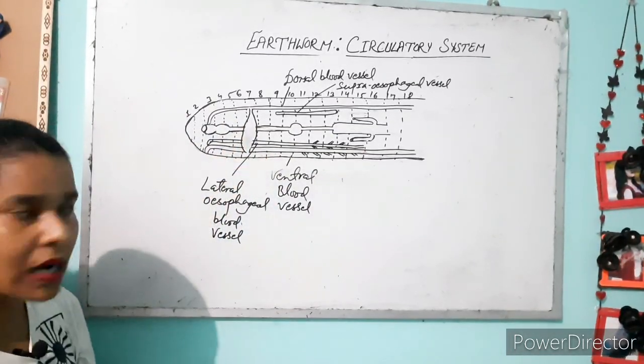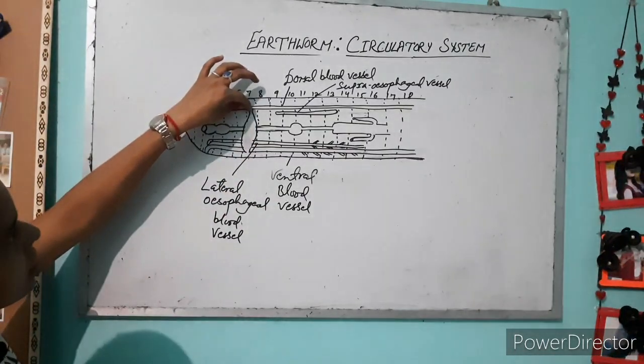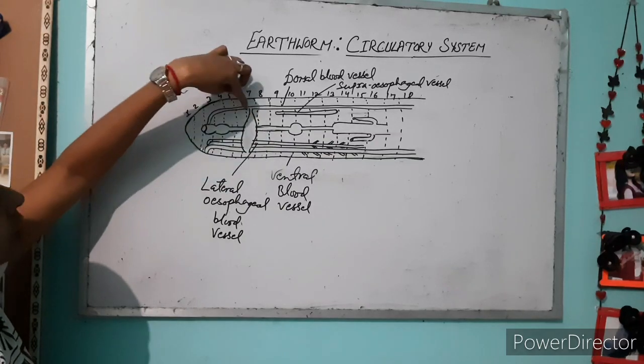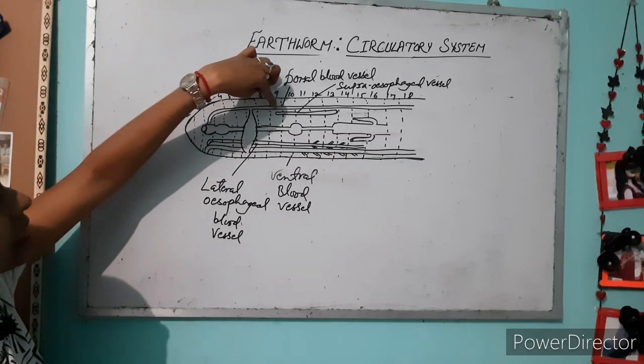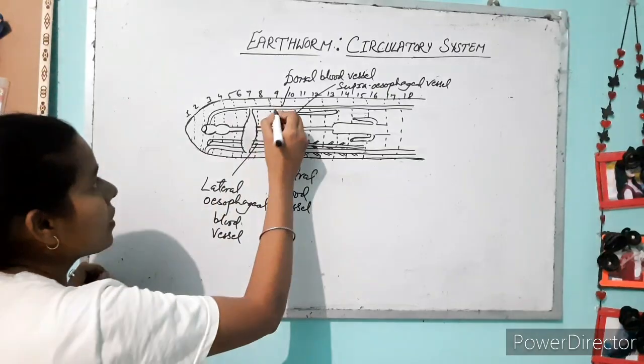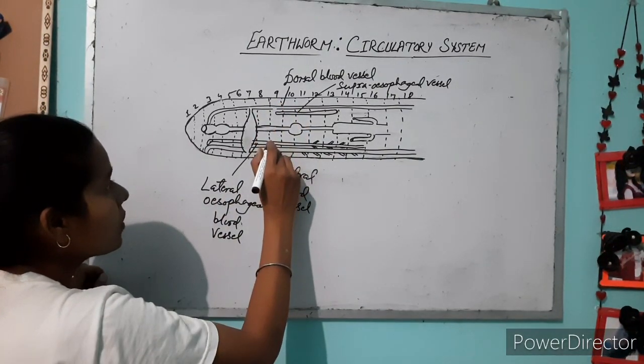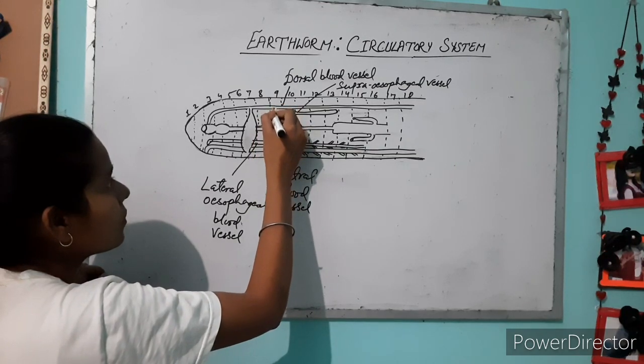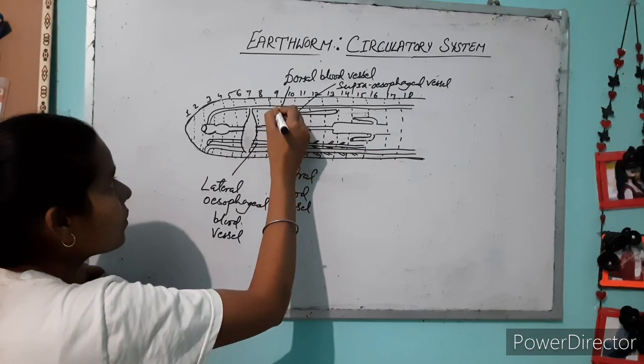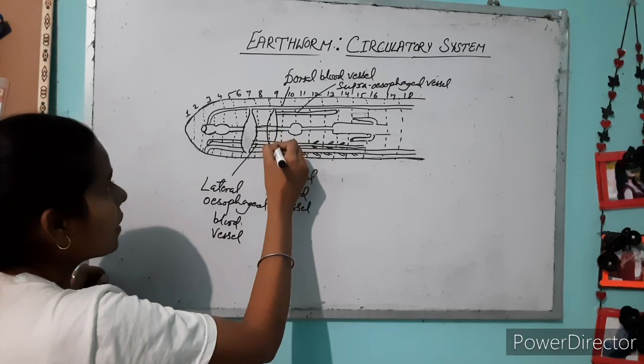One broad tube attaches the dorsal tube to the ventral tube in the 7th segment, and one from the 9th segment. Let me draw this broad type.